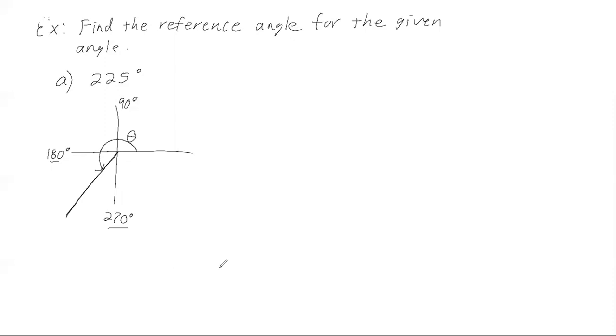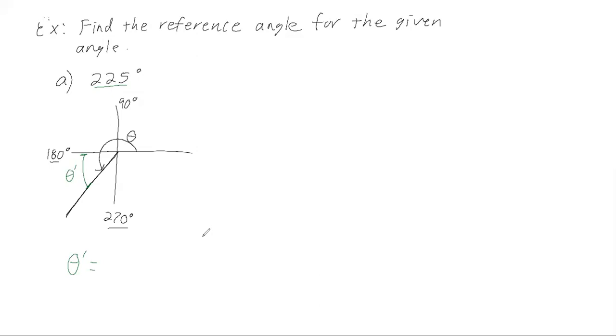associated with this? It would be the acute angle between the terminal side of theta and the x-axis. So it looks like that. We'll call that theta prime, okay? Now, if I start out with degrees, I want theta prime to be in degrees as well, okay? Now, how do I find that again?